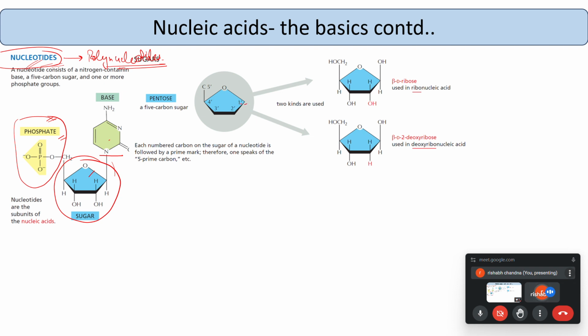How we label this, we label with the prime value as superscript. So this is 1 prime, then this is the second prime carbon, third prime, fourth prime, and this is the fifth prime carbon. Okay, so what are the features of this particular sugar? I'm not going into the detail of the carbohydrates, but here it is beta anomer and D type of sugar that is present.